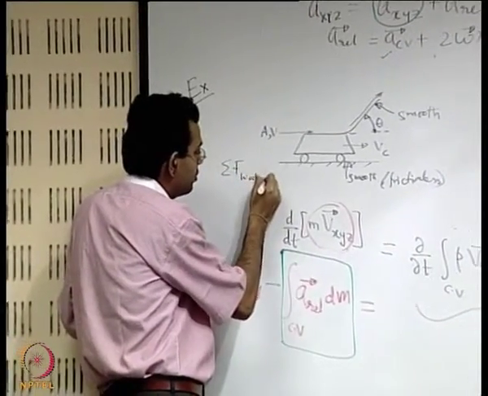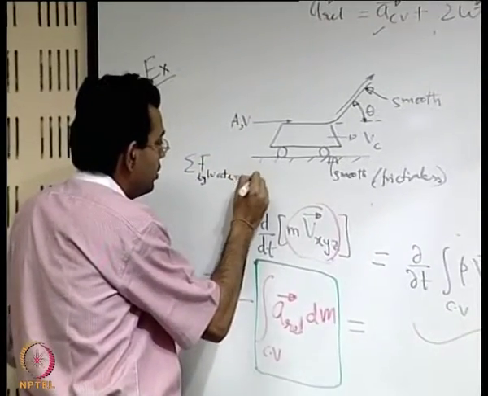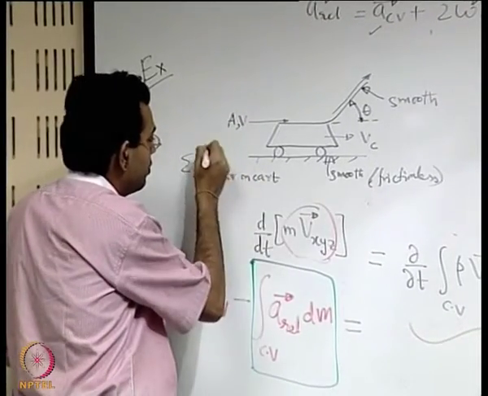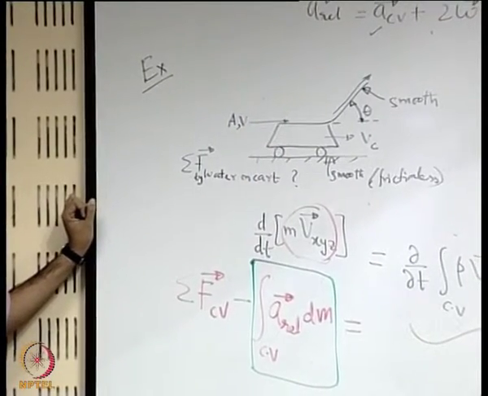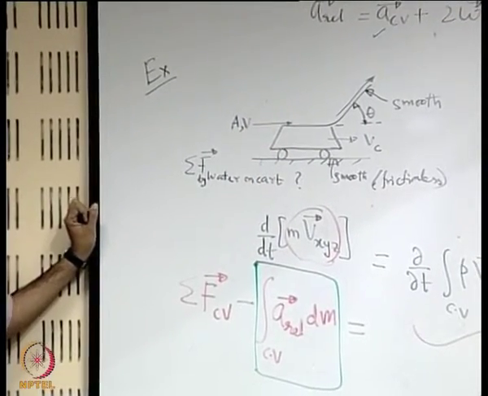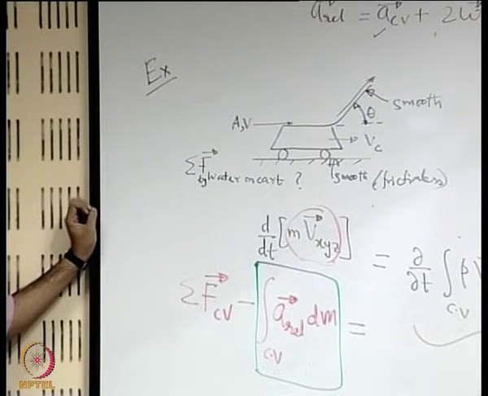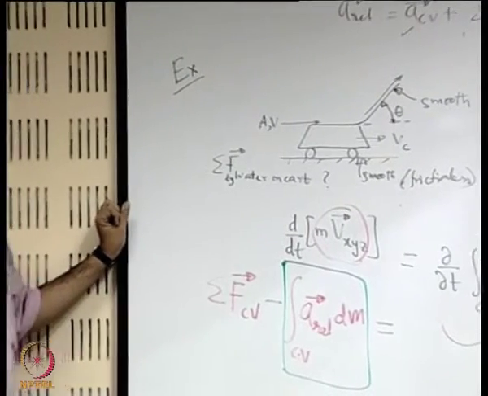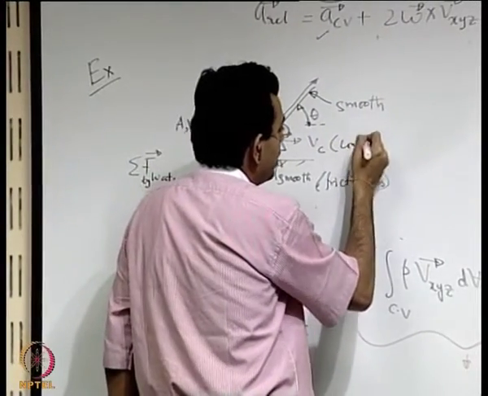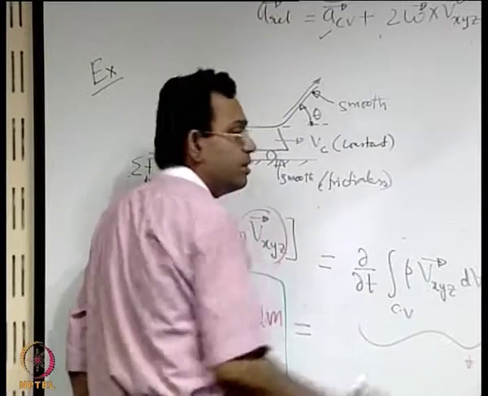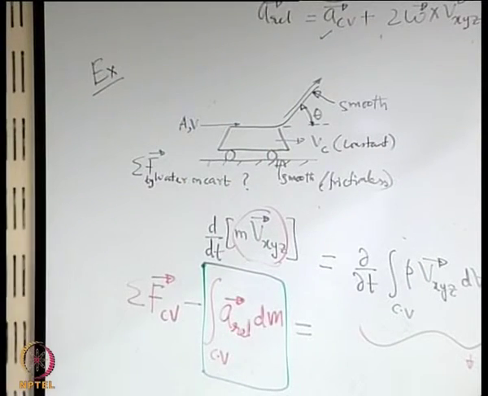What is that? That is the question. So, the only difference from the previous problem that we considered is that now it is moving, but with a constant velocity, it is not moving with a variable velocity.